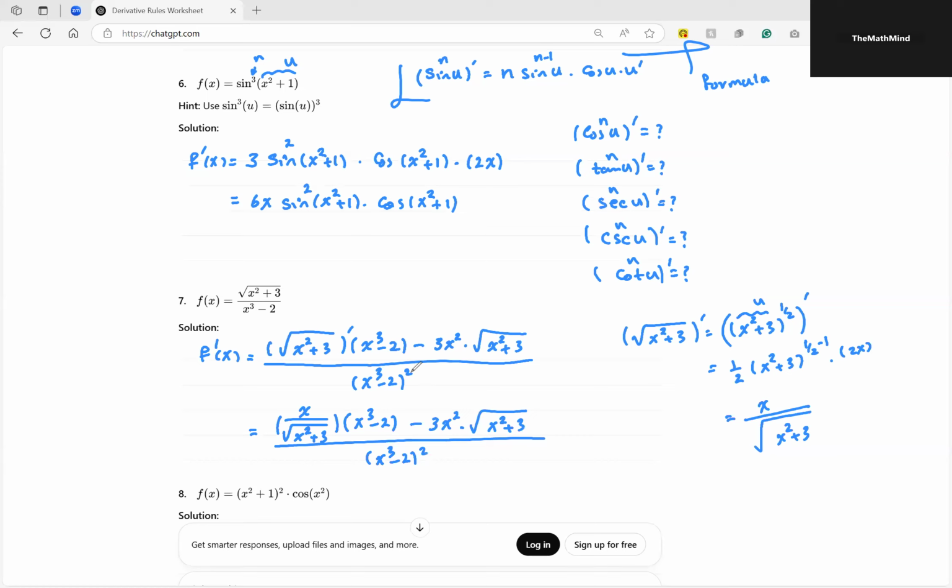Don't forget to write the exponent in the bottom. In the quotient formula, we have g(x) to the power of 2 in the denominator.